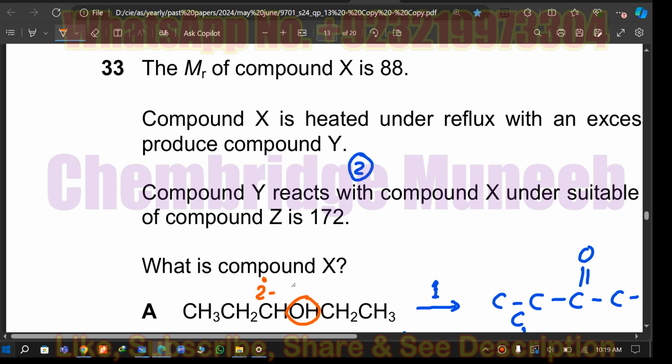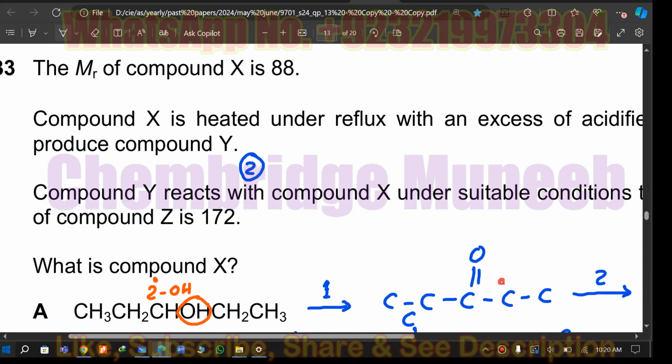Secondary alcohol, when reacted with the excess acidified potassium dichromate, which is an oxidizing agent, will be oxidized into the ketone. So secondary alcohol will convert into the ketone and you get this product as a result of this reaction.